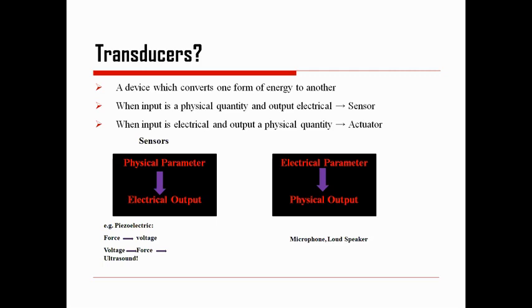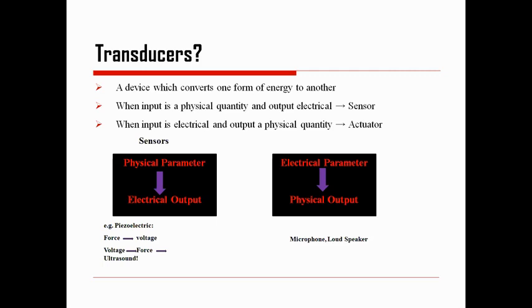Now, for your second point, that is when the input is electrical and the output is physical, that is nothing but an actuator, like your microphone and your loudspeaker. In those, your electrical parameter is converted into a physical parameter. So a microphone, when I am speaking, this is the best example while recording a video lecture. There is a microphone situated in the laptop, and that laptop captures my sound and converts it into an electrical signal.